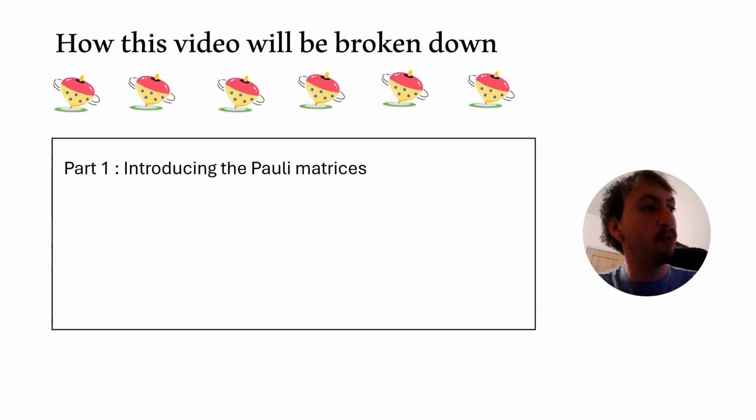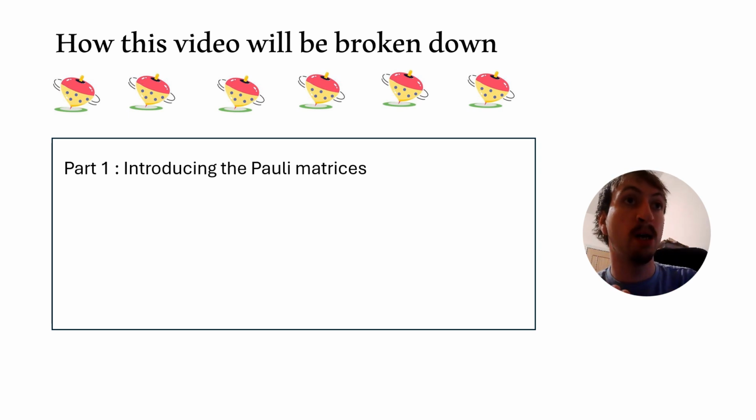So for this video we're going to be breaking it down into four key parts, as we're trying to relate Lorentz transformations with rotations to get a clear picture of what spin really is, and how Pauli matrices play into that connection. The first part is introducing the Pauli matrices.